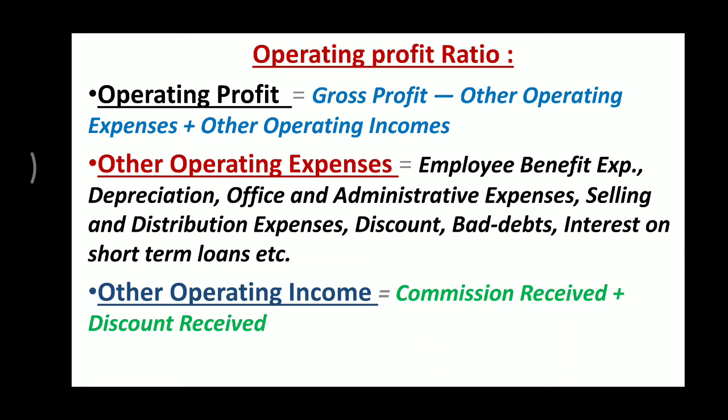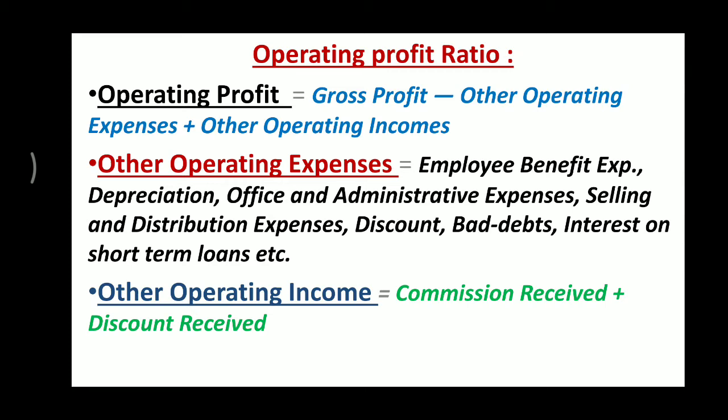Other operating income includes two things: commission received and discount received. So for the calculation of operating profit, from gross profit we will deduct other operating expenses and we will add other operating income.